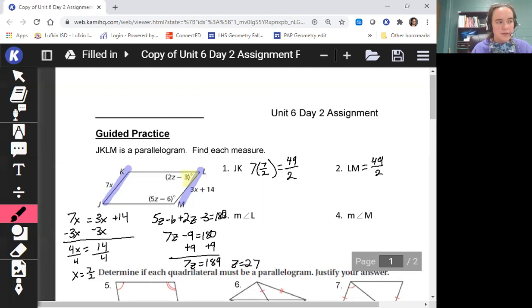Now we need to go and substitute it in for angle L. So 2 times 27 minus 3, we get 51 degrees.